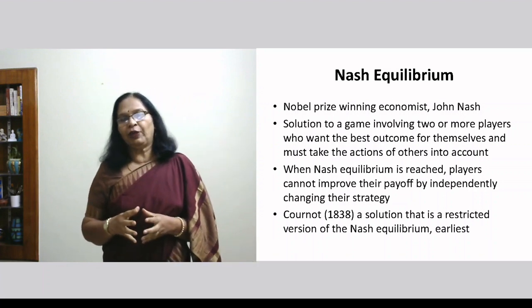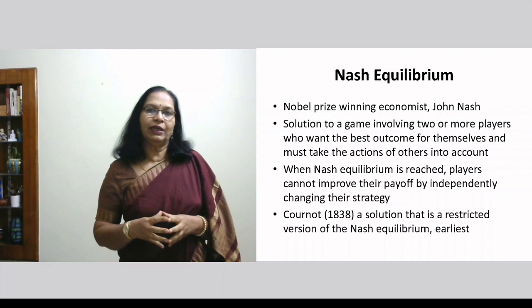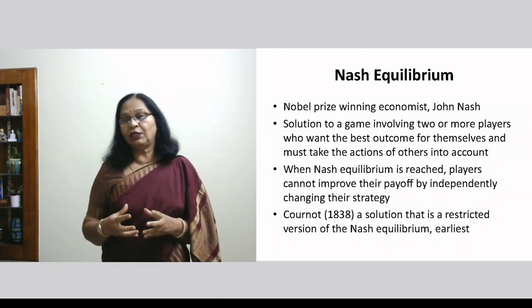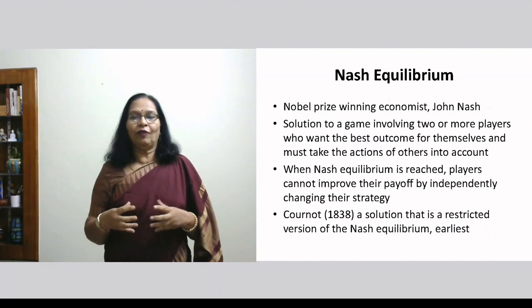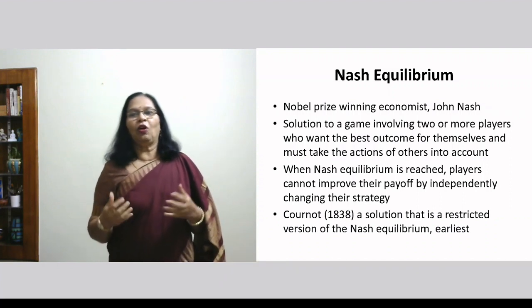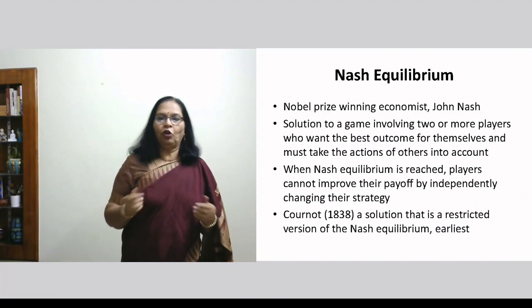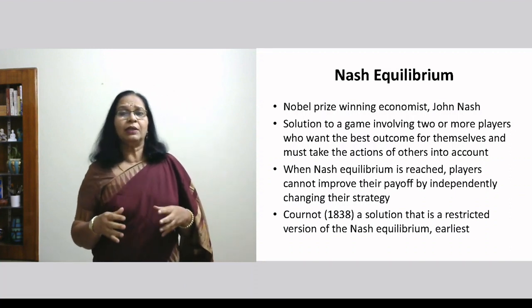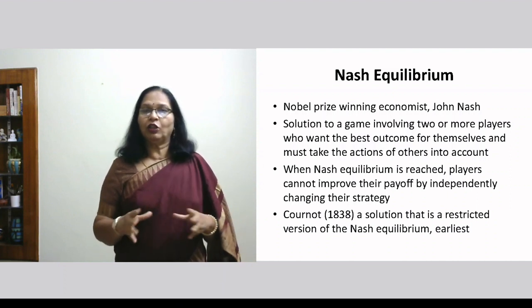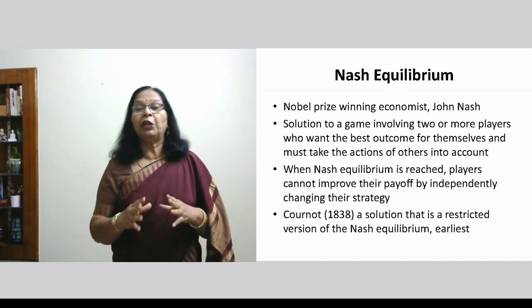Now this Nash Equilibrium idea is originally available in Cournot of 1838, where in a very simple form he talks about two firms deciding on the market output. Once firms reach a Nash equilibrium, both firms cannot improve their position independently.